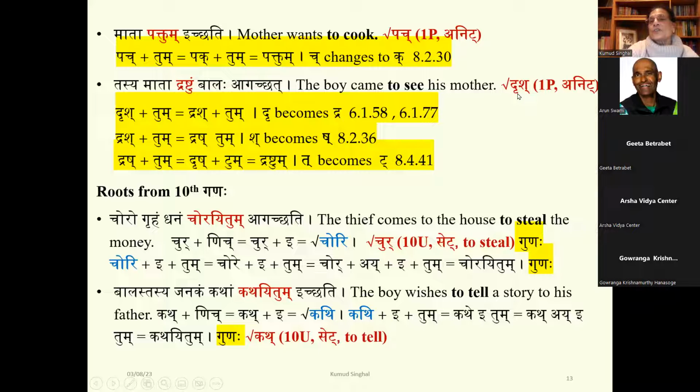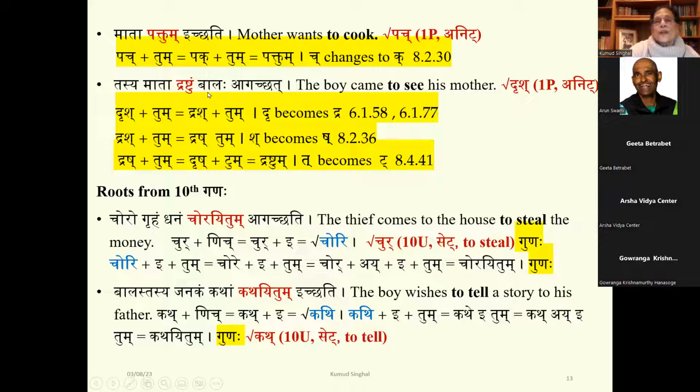So the dhatu is drish. Here this is a ri, but here in drashtum it is a ra. So you have to be careful here. So how is the tumun form of drish, drashtum?